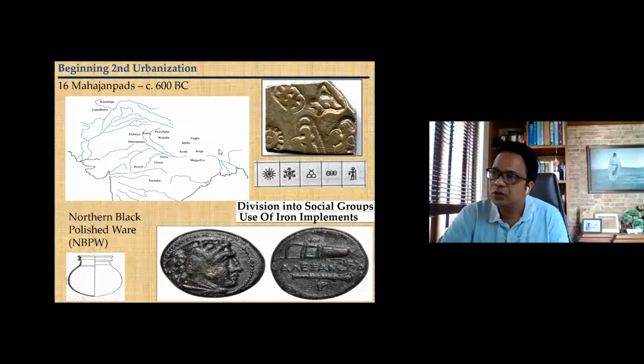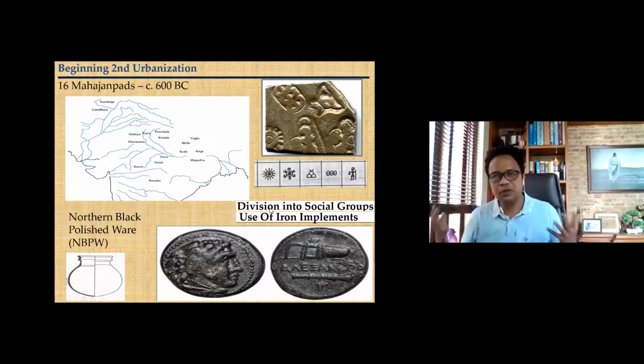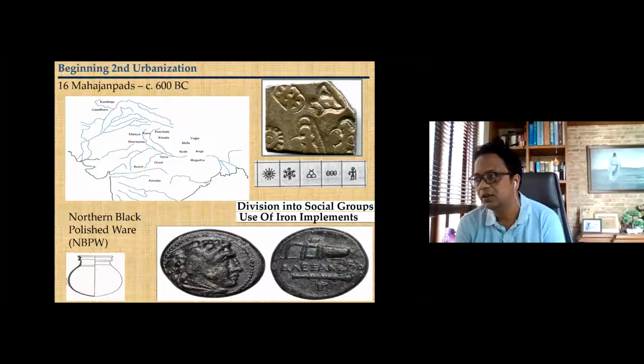This period also made a lot of use of iron. Iron was discovered and used heavily because it was so strong. You were able to cut trees. But at that time, since there was so much fertile land and availability of water in India, Alexander really started moving towards India to get hold of the region.